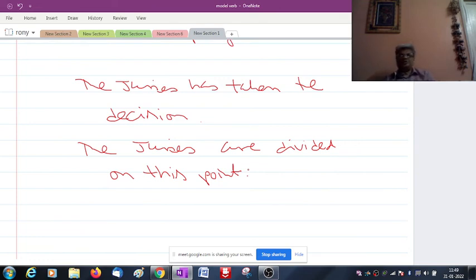The juries are divided on this point. Sir, in the first sentence jury is a committee, and in the second sentence it is a committee, but it is under many people. Partially right, but not fully right. There is a term.